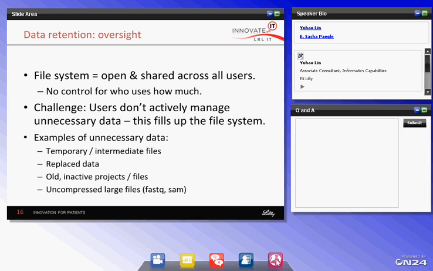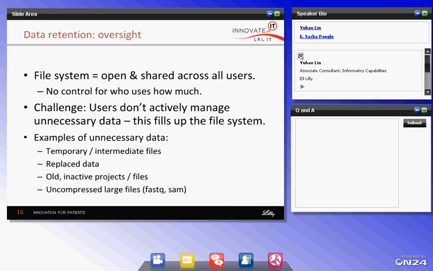So what I mean by waste, a couple of examples of that is temporary data. Those should be deleted when they're not needed, but it doesn't always happen. Sometimes we get bad data from vendors, and they're replaced. So the original bad data can go away when the replaced data has been verified, but again, that doesn't always happen.